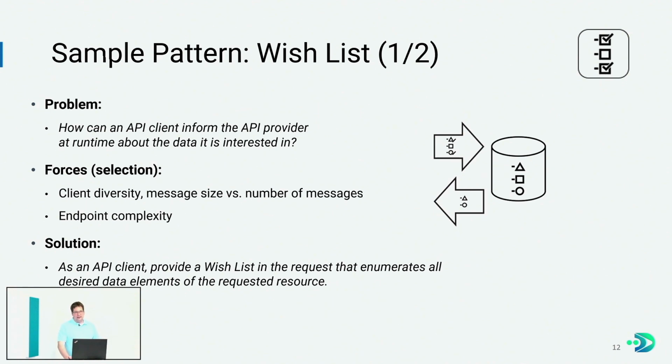Most likely, only a few clients will need 300 years of history data from the land register. 95% of the use cases are the current state, so it doesn't make sense to give me all that data. Instead, I can say, I only want the current state. So I wish for some subset of my output. That's the wish list. I say I'm interested in a certain set of attributes, a certain set of objects, and thereby I can optimize my return values depending on my use case from the client.